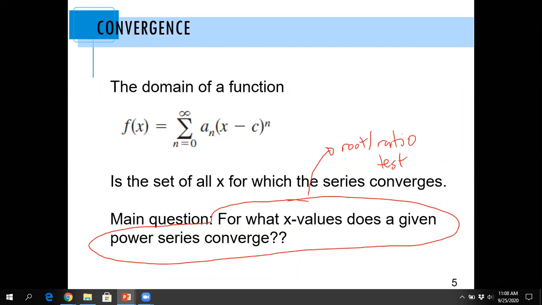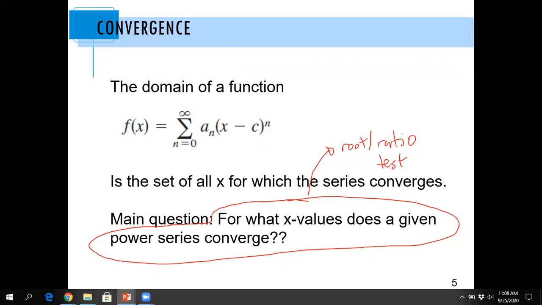Now remember, the root and the ratio test told us stuff about absolute convergence, yes? And it said if one thing happened, namely if the limit of either the ratio of the terms or the nth root of the terms goes to something less than 1, you have absolute convergence. And if those limits end up being something greater than 1, then you know the series diverges.